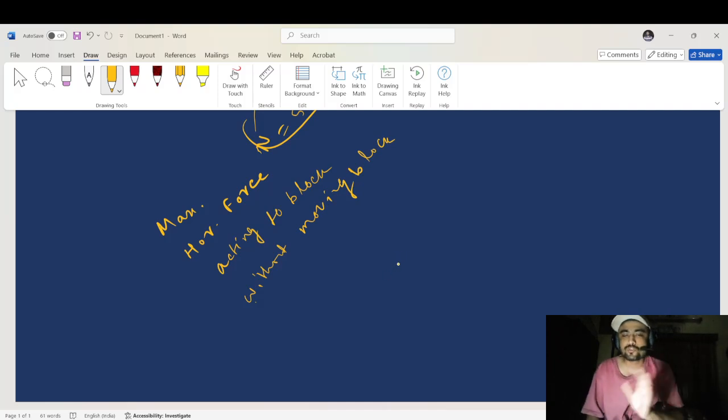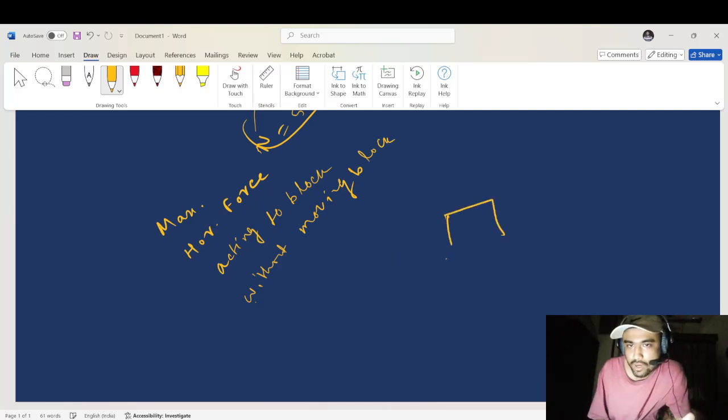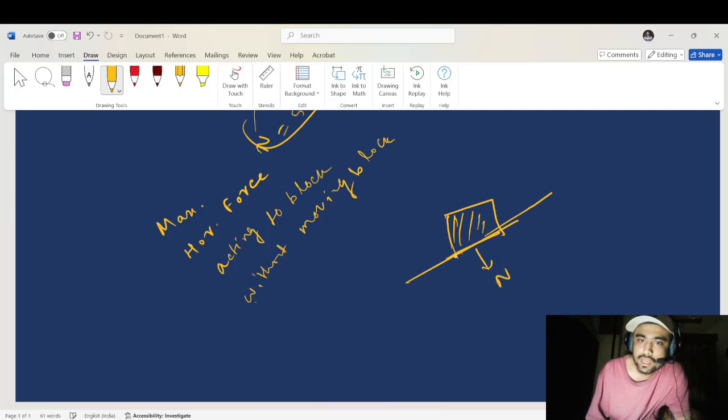It is quite obvious, if this block is placed like this on the horizontal surface, the normal force acts perpendicularly, and we are applying this force F, suppose capital F, on this block.